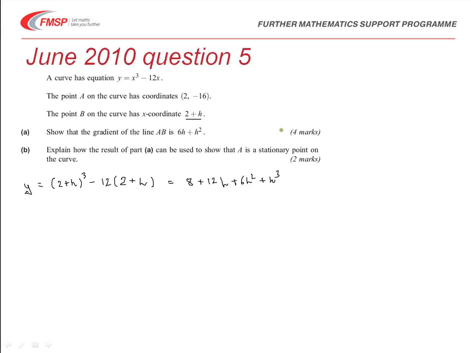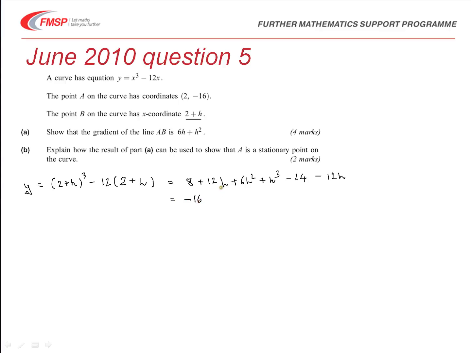We then multiply out the second bracket, we're going to get minus 24, the 2 times the 12, and minus 12h. And so we collect together what terms we've got. We've got 8 minus 24, so that's minus 16.